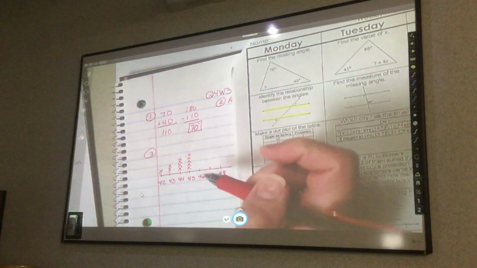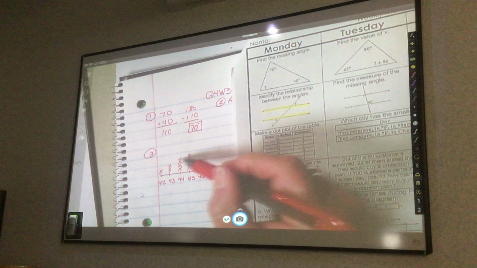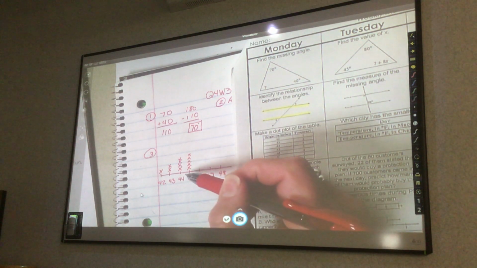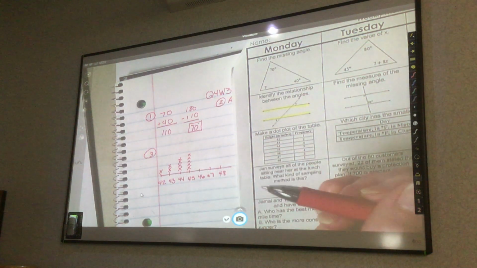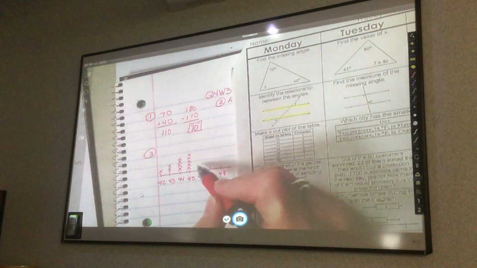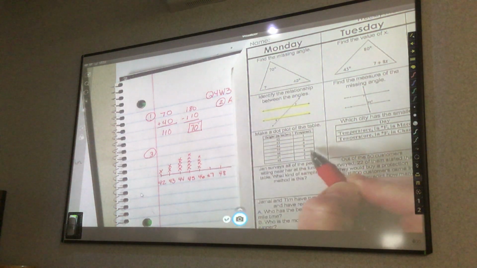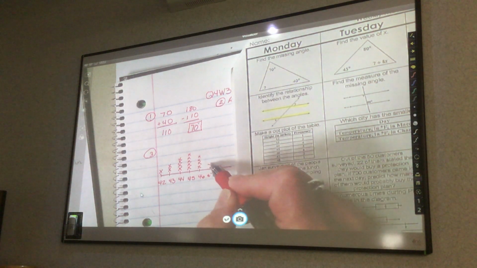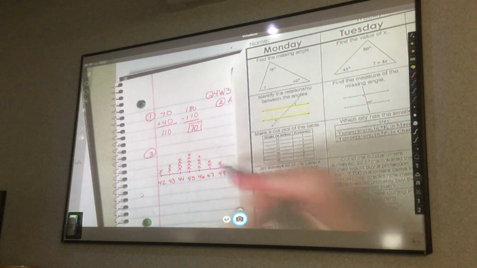One thing when you create dot plots using X's or dots, you want them to be about the same size. So then if you have to read that dot plot, you can read it easily. 46, I do 4, 1, 2, 3, 4. 47 is 2, 1, 2, and 48 is a 1.